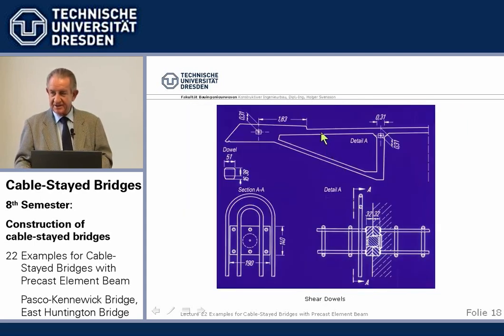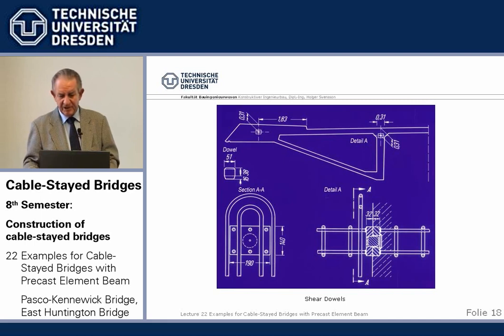And at that time, very early on, we had the joints cast against one another. I mentioned that, match cast, and the shear transfer. We at that time said, okay, we do it by steel. We have some steel dowels, put into the joint, which can take all the shear, and put the reinforcement to take it up.